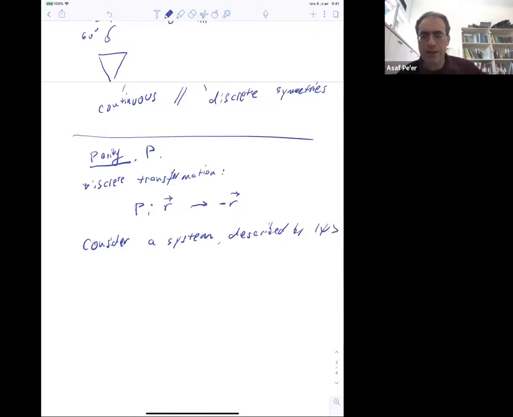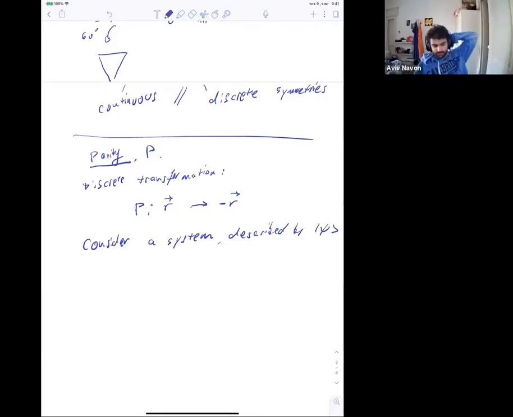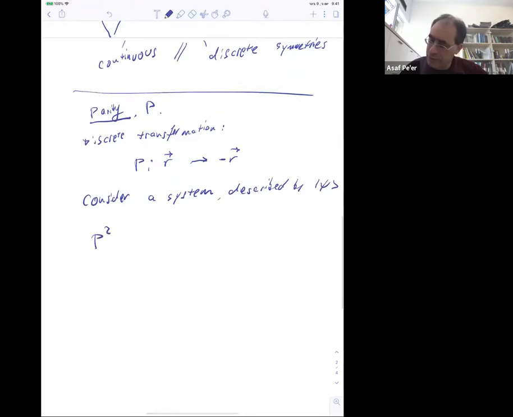Now, if I apply two consecutive parity transformations, what's going to happen to the system? It'll stay exactly the same, right? So if I act on the system with P squared on psi, I'm going to call the eigenvalue of P eta.